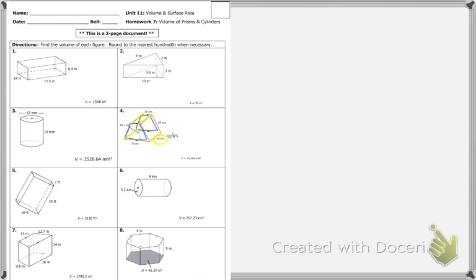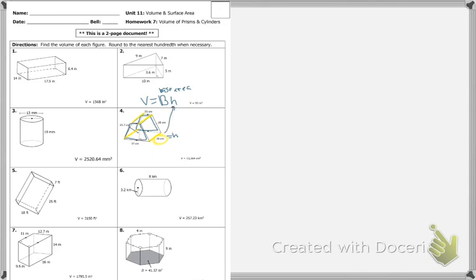So now, all you need, because you have your formula of this prism, I'll put it up here, is big B, which is your base area, times the height of the prism.